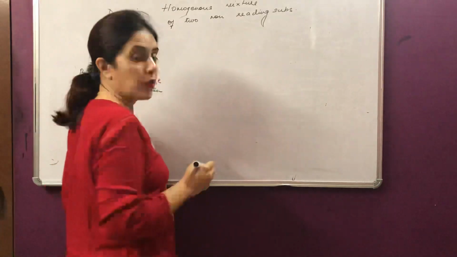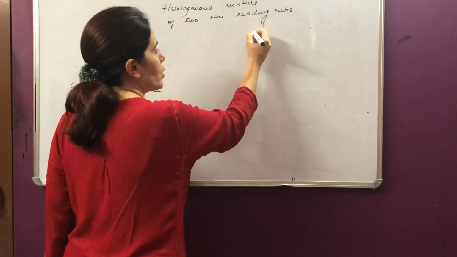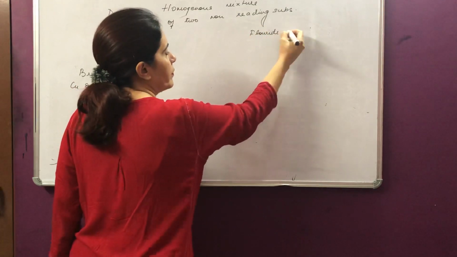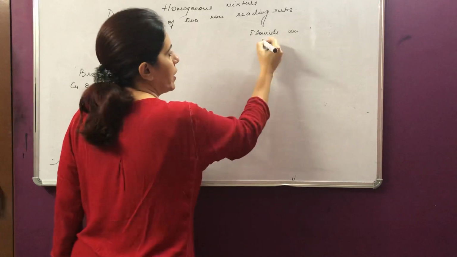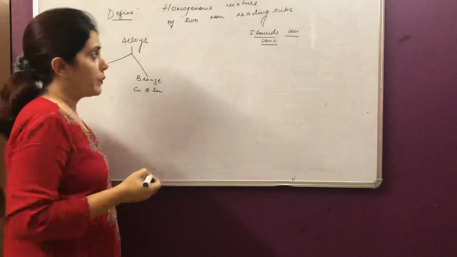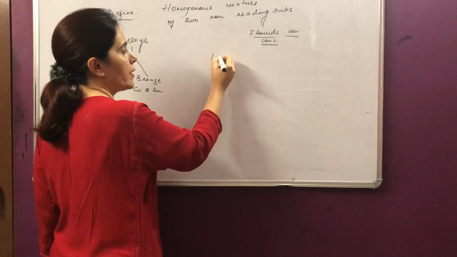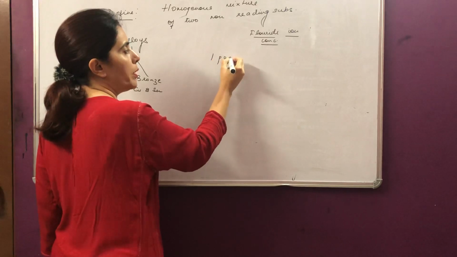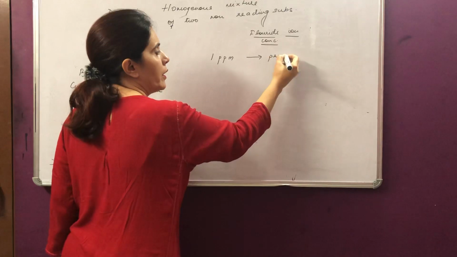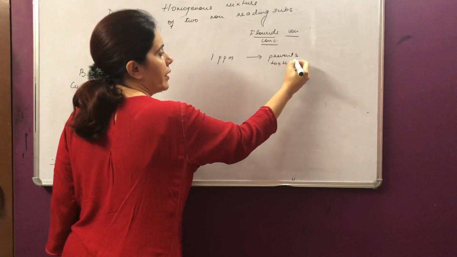Similarly, what is the importance of reading this chapter that I would like to tell you? For example, let us talk about fluoride ion concentration. It is a beautiful example which tells us the importance of the chapter. If fluoride ion concentration is 1 part per million, then it prevents tooth decay. Right?